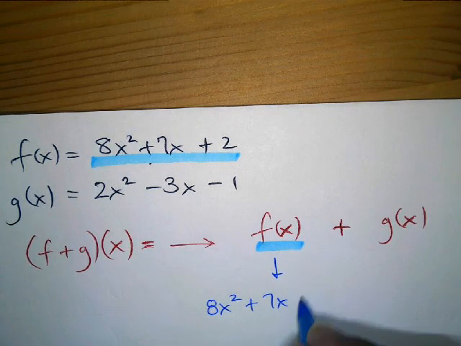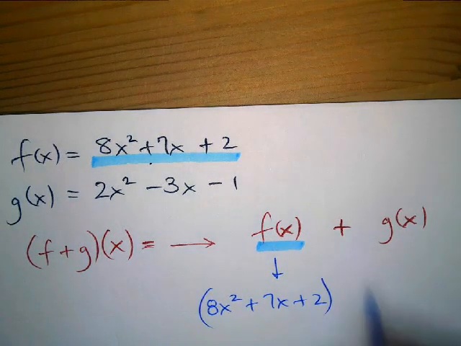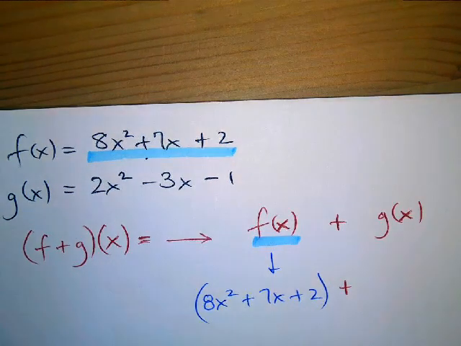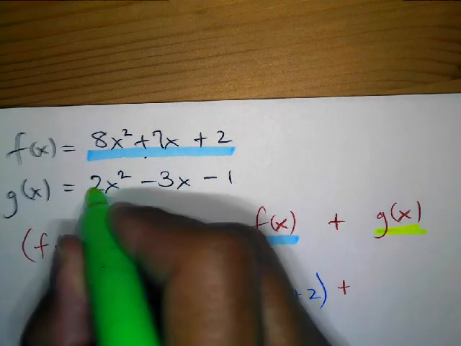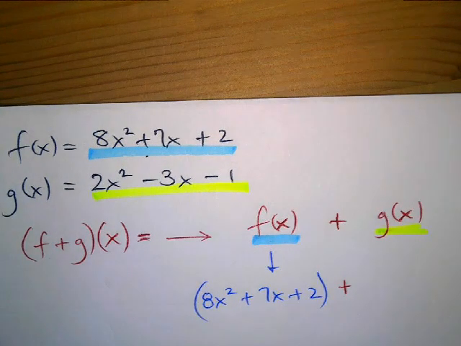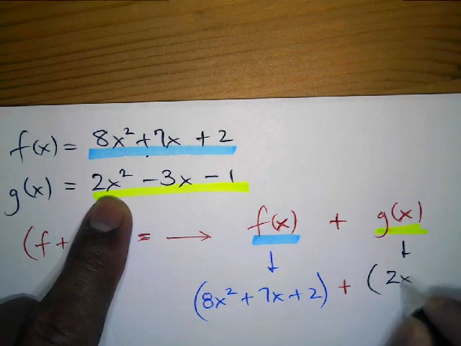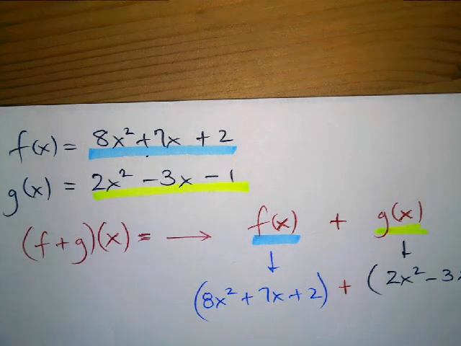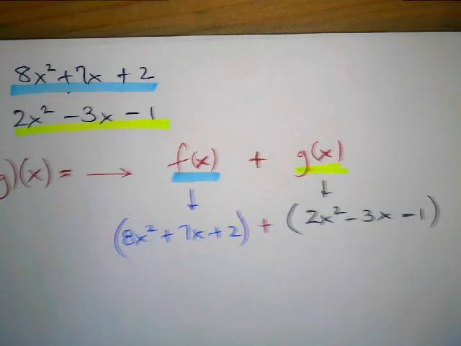Okay, f of x is this 8x squared plus 7x plus 2. And yeah, let's put it in parentheses. Plus, well, the good thing is plus is not going to really mess anything up. And g of x is what? Oh, g of x is this one here. So that's this 2x squared minus 3x minus 1.